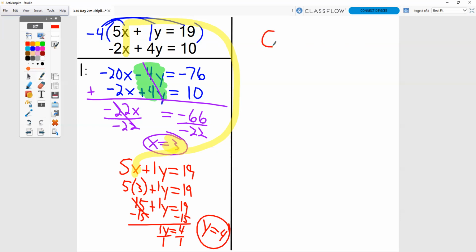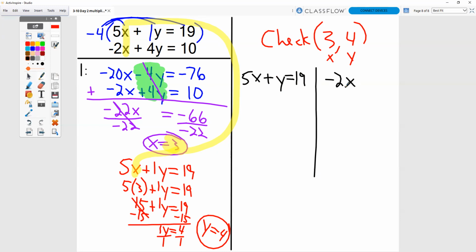Go to do my check. Whoops. We want to check the point 3, 4. So x is 3 and y is 4. I'm going to rewrite my original equations, and I'm going to sub in my answers.